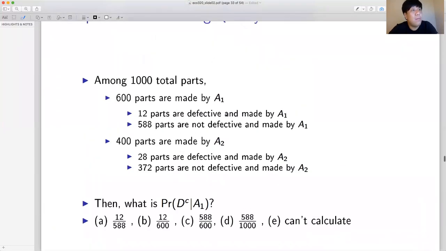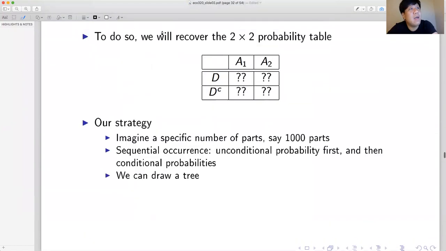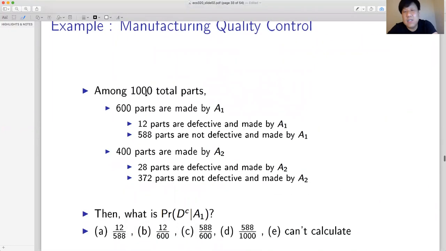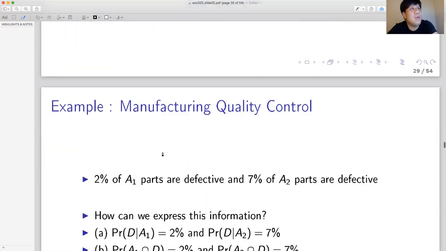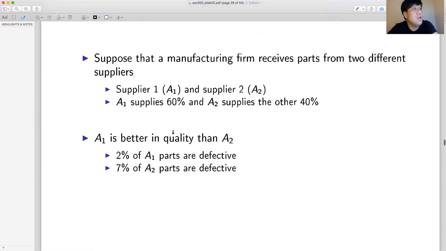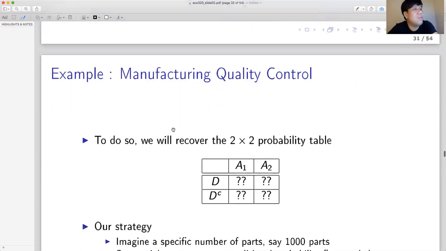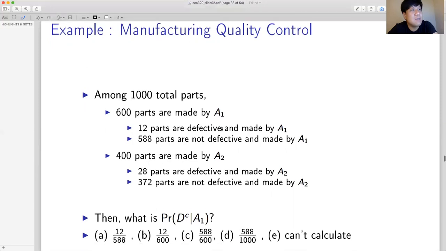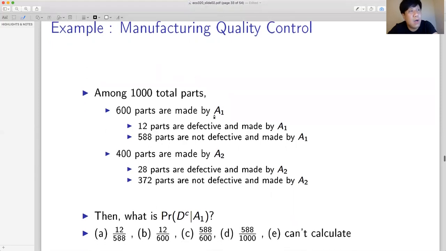Based on this slide, this is another example. Probably this is another good method, but I prefer the earlier method. That's why I taught you that, but you can take a look at this as well. Let's say this is one example, like let's pretend that there are 1,000 observations. So 600 parts are made by A1, because 60% of total parts are made by A1.